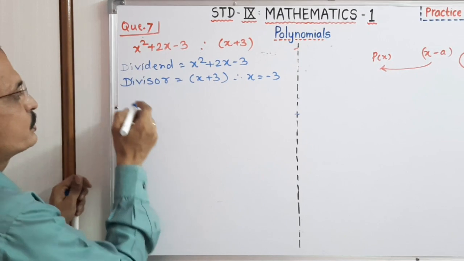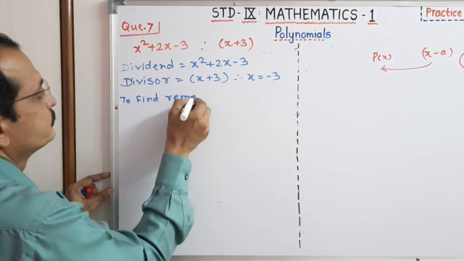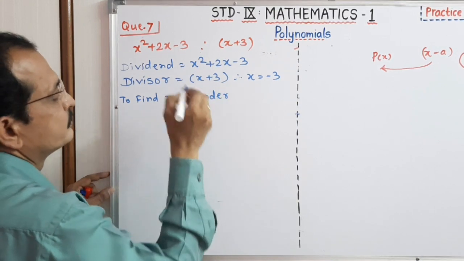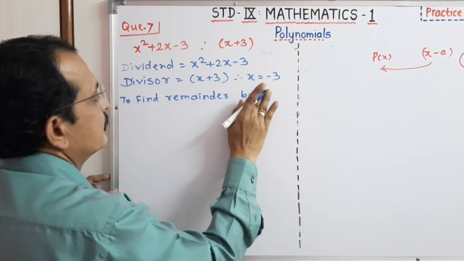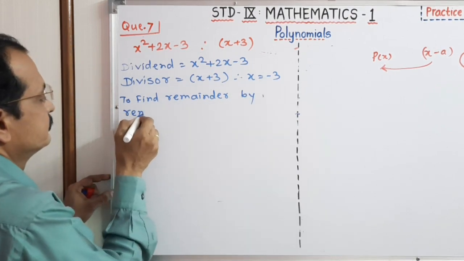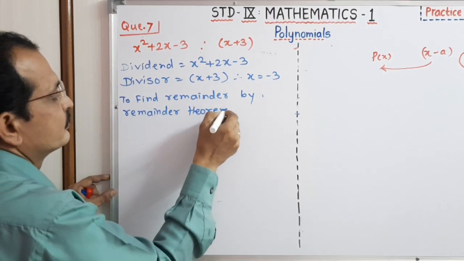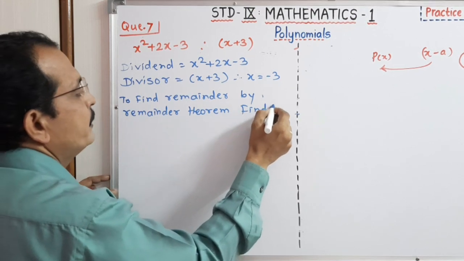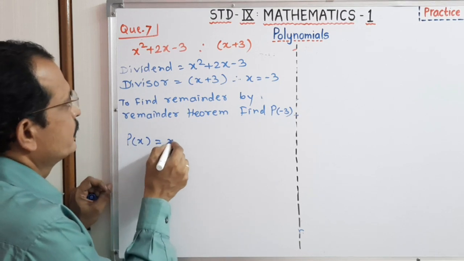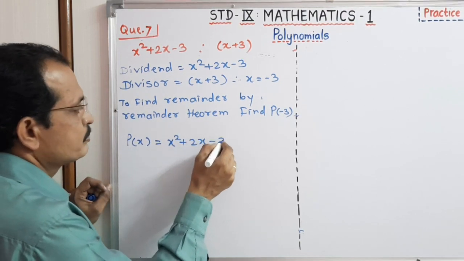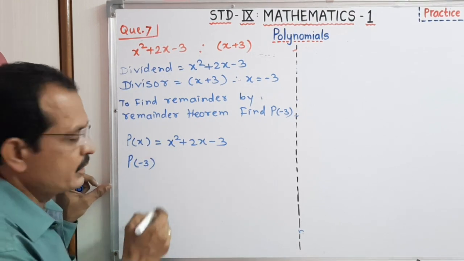Now, see, dear student, to find remainder by remainder theorem, find p minus 3. Px is equal to x square plus 2x minus 3. We have to find out the value for x is equal to minus 3.